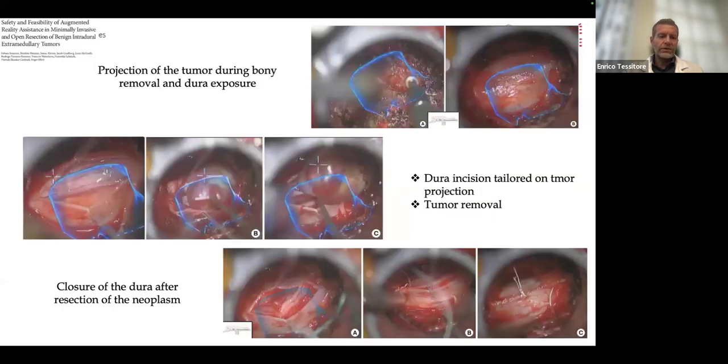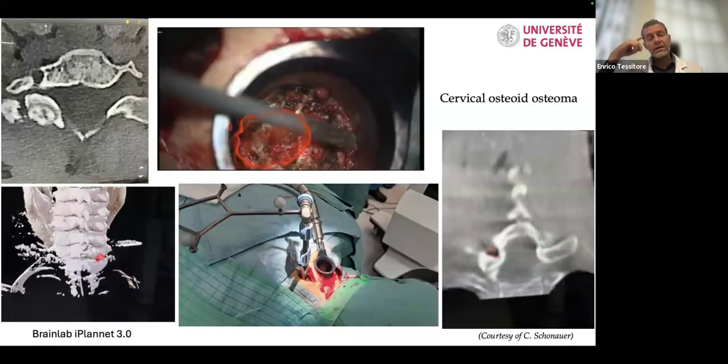You might see also the different steps of surgery, which is what is our experience about microscope-based augmented reality. This is a case from the cervical case series here, an osteoid osteoma, the lateral mass of C7.